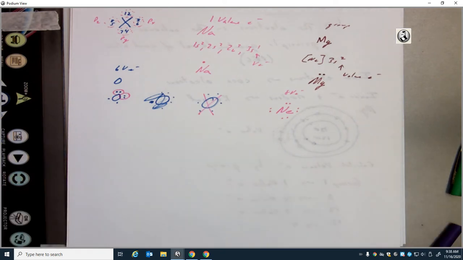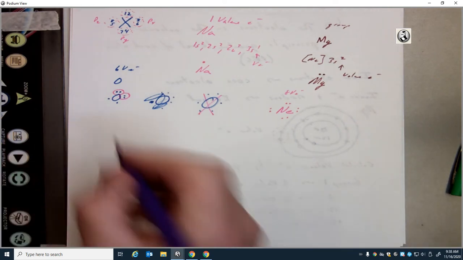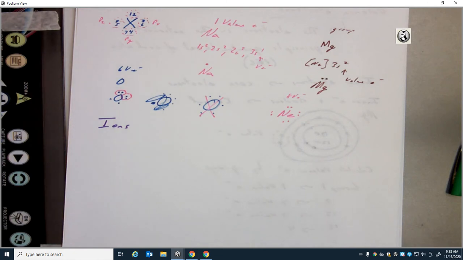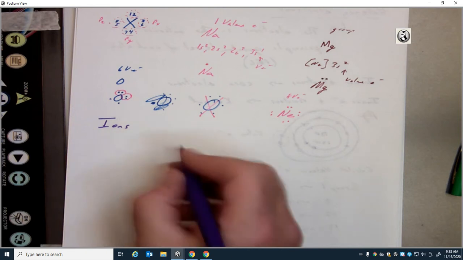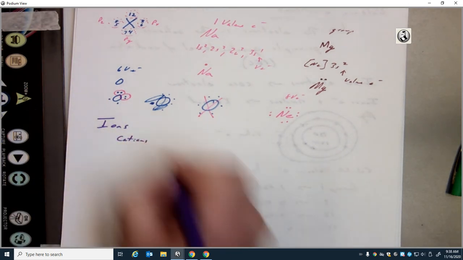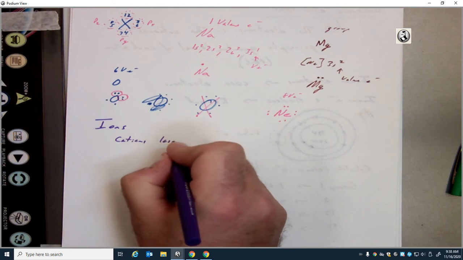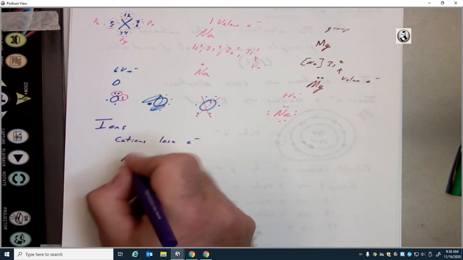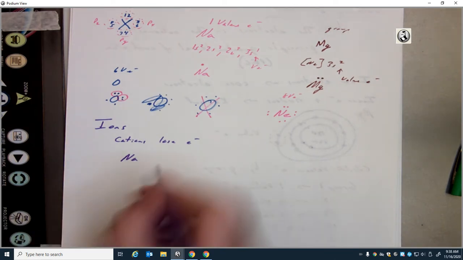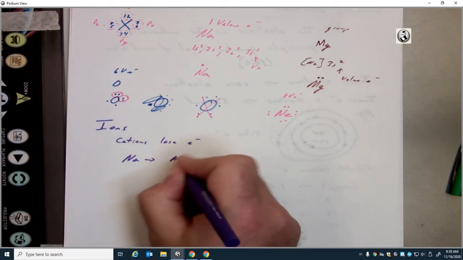All right, well, let's deal with ions. So your cations are going to lose electrons. Right? So Na is going to go to Na plus 1.